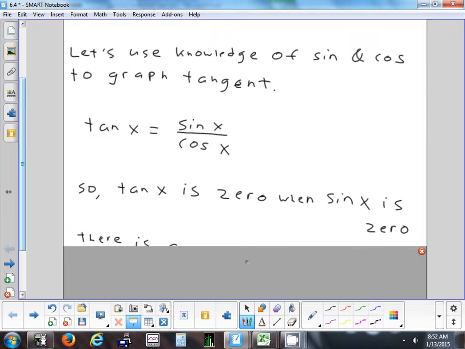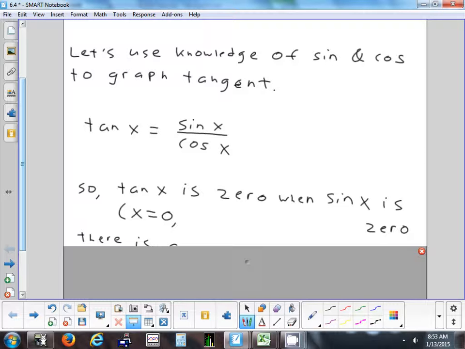So let's write that down. Does anybody remember what value for x you would plug in for sine and you'd get 0? Think about the graph of sine. Yeah, 0. So when x is 0, where else?